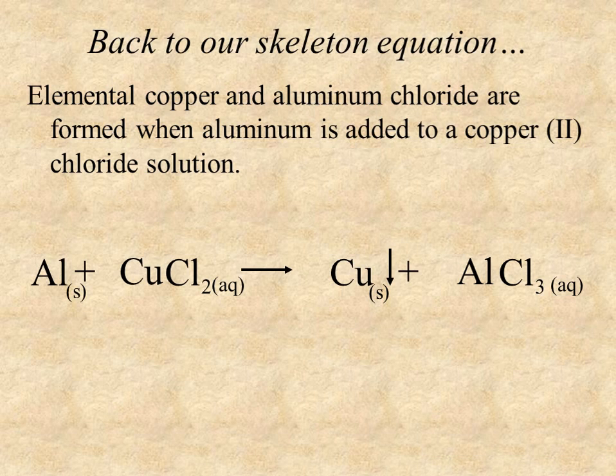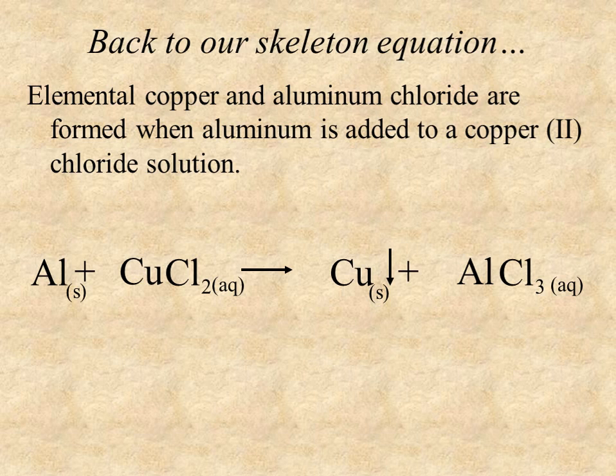So if we go back to our skeleton equation, we wrote the skeleton equation from this narrative, and we determined the states, we determined that copper would be a precipitate. But if you recall, chlorine is out of balance. We have 2 chlorines on the left, 3 on the right.